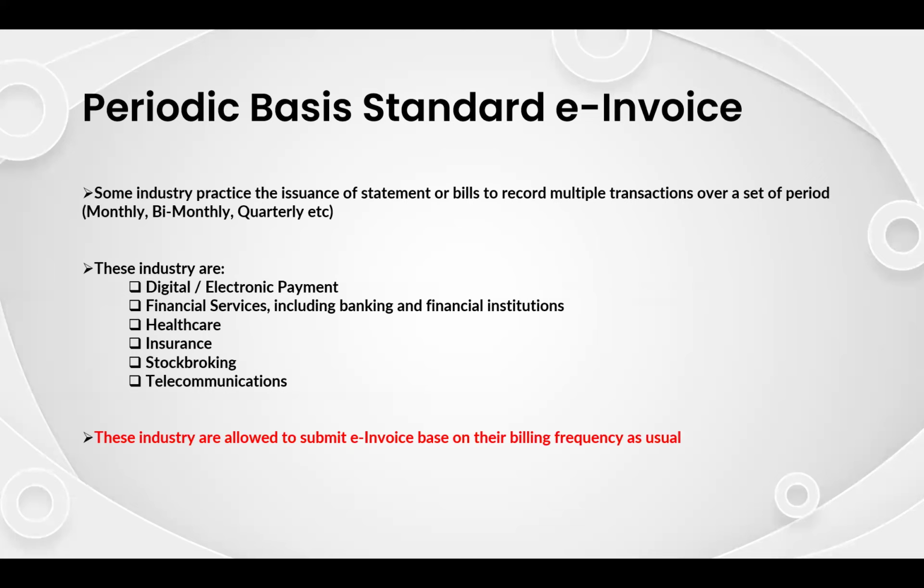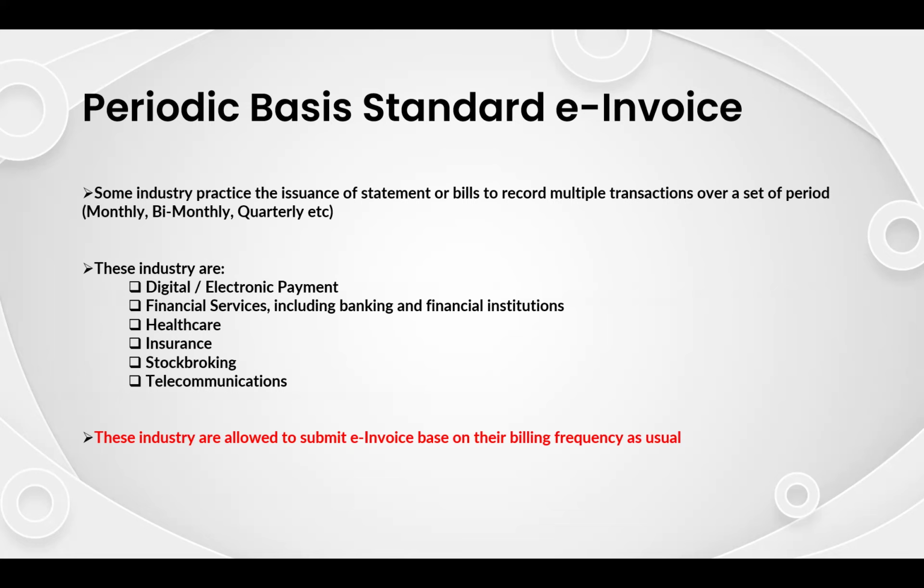Someone will ask if during the e-invoice era, can we still issue invoices monthly, bi-monthly, quarterly, or weekly, like what we are doing now for certain customers? Yes, you can. The behavior of issuing invoices is not going to change. You can still practice your way, but all the invoices need to be submitted as e-invoice. This is the only requirement.